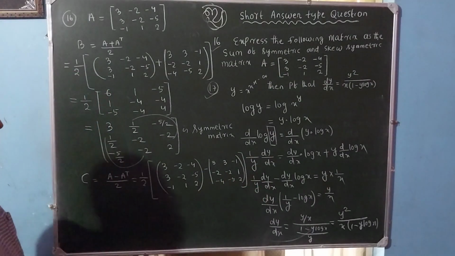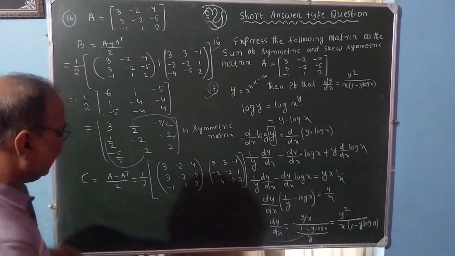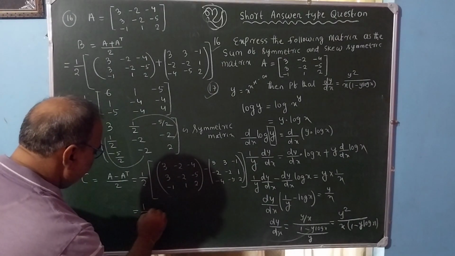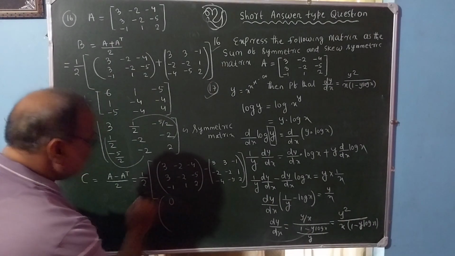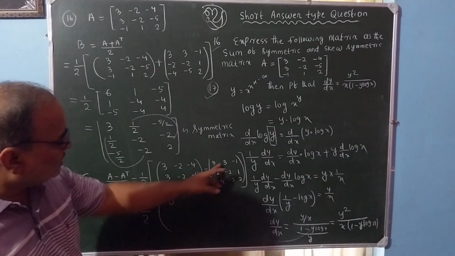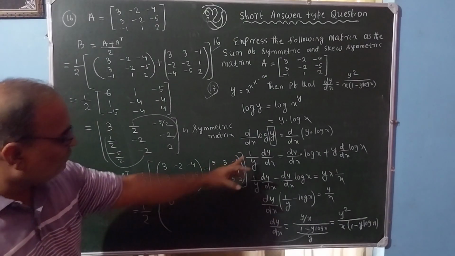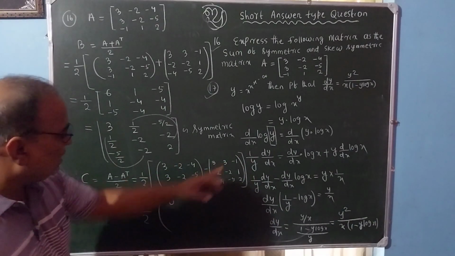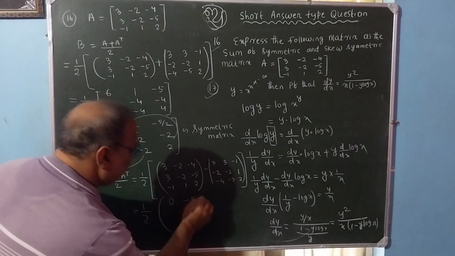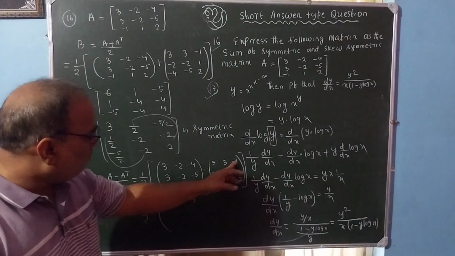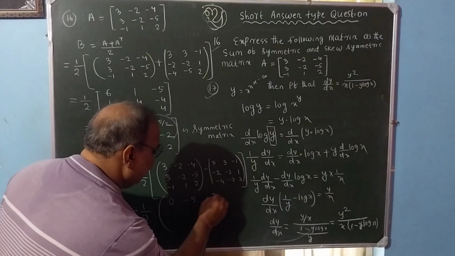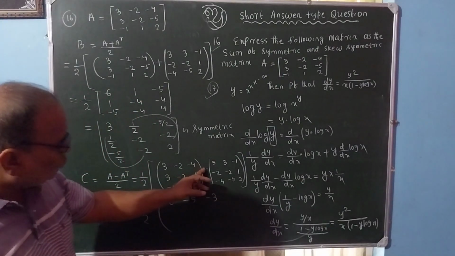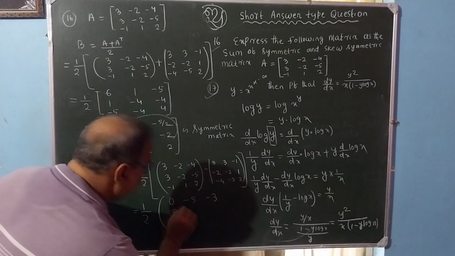Okay. Now subtraction. 3 minus 3, that is 0. Minus 2, minus 3. Minus will multiply with each element. Minus 2, minus 3, that is minus 5. Minus 4 plus 1, it is minus 3. 3 plus 2, it is 5.